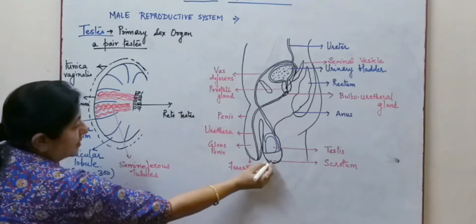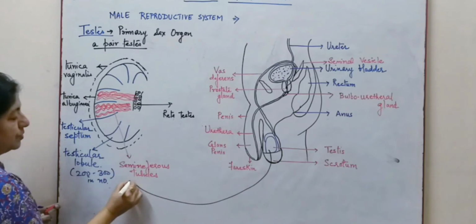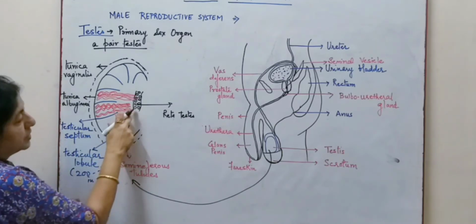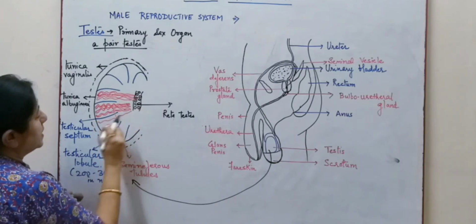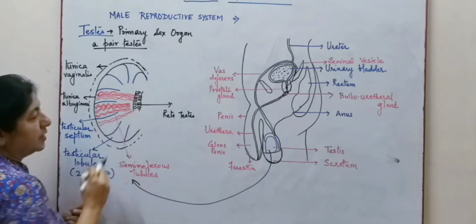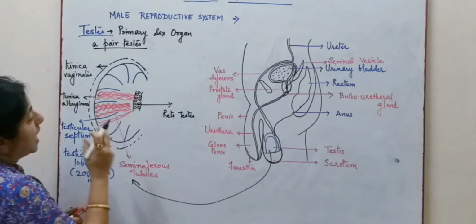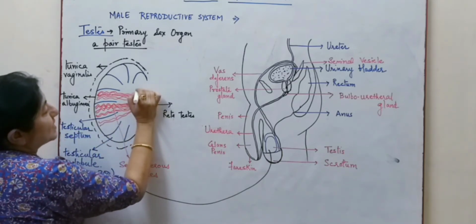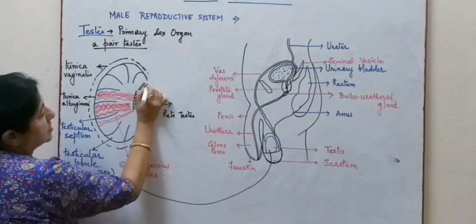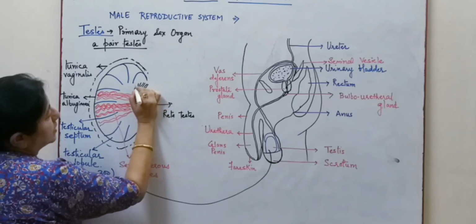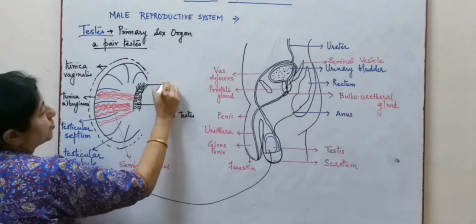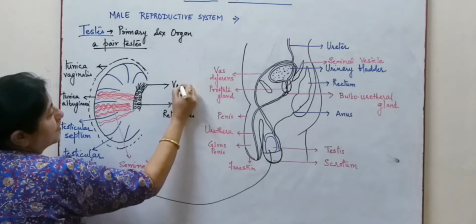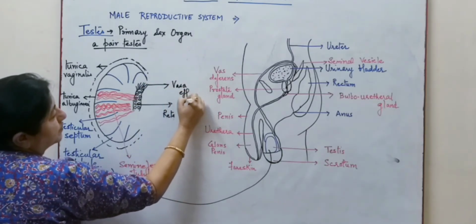So all the coiled structures open up into the rete testis. And from the rete testis, there are again tubular, very narrow structures, and these tubules are known as vasa efferentia.